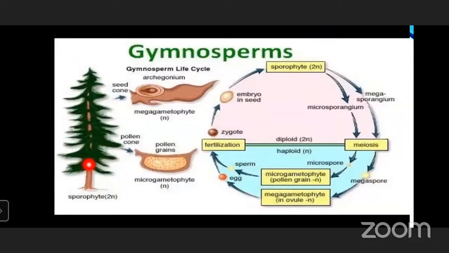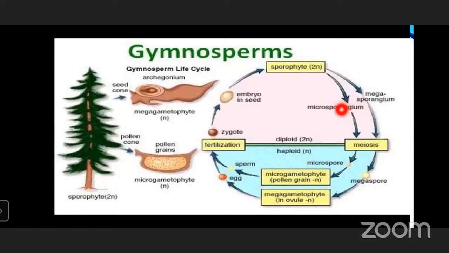So the plant body is a diploid sporophyte, which is differentiated into root, stem and leaves. This plant sporophyte produces male and female cones, that is, it produces microsporangium and megasporangium.